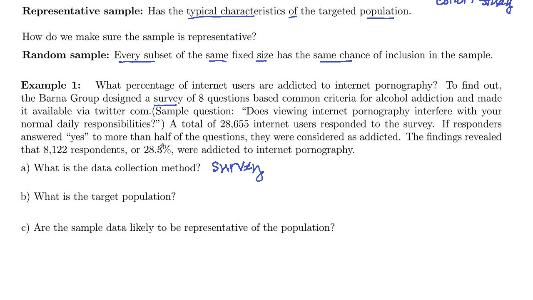You'd like to think this is predominantly a male problem, but sometimes also a female problem. But they said they surveyed 28,655 internet users. So it doesn't say anything about gender there, just said they use the internet. Doesn't say anything about age either. So I think our best target population here would be all internet users.